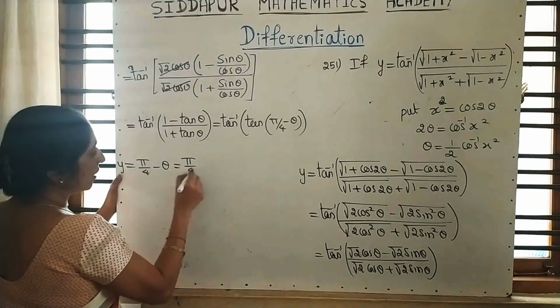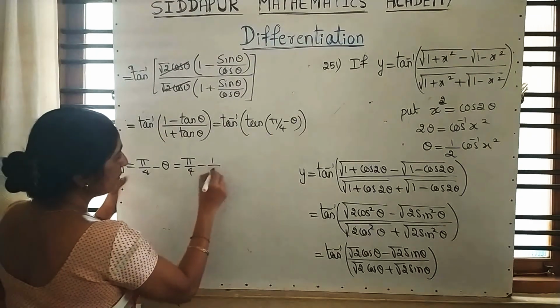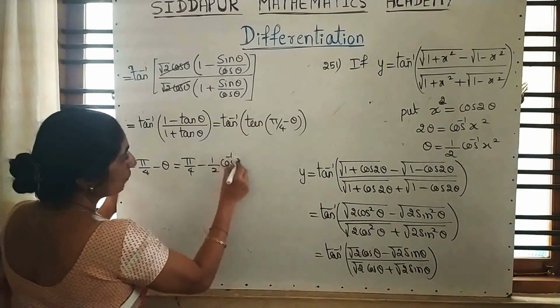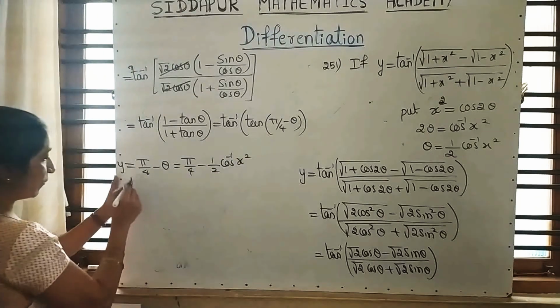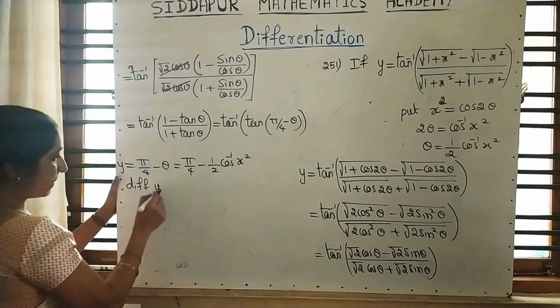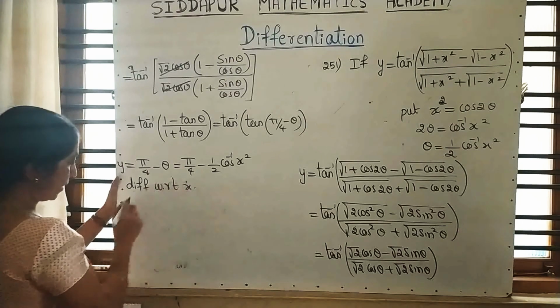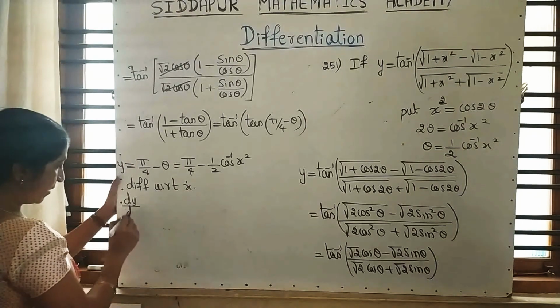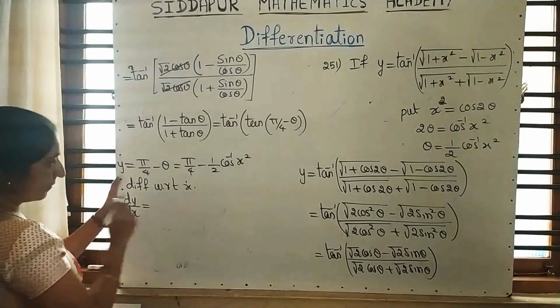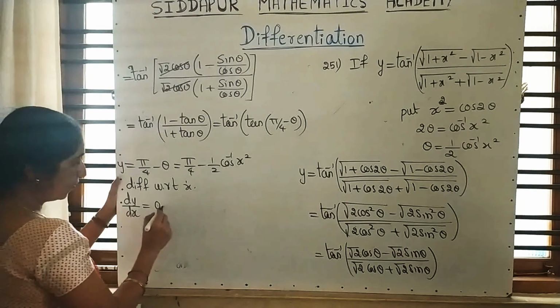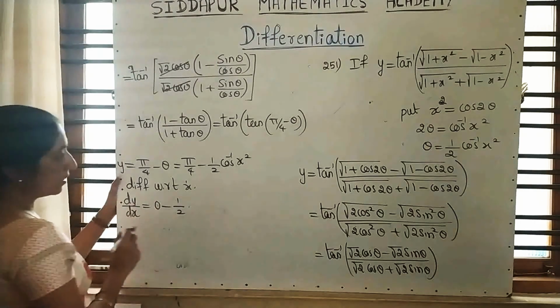Pi by 4 as it is. Theta is 1 by 2 cos inverse x square. Now differentiate with respect to x. Dy upon dx will be pi by 4 constant 0 minus 1 by 2 as it is.